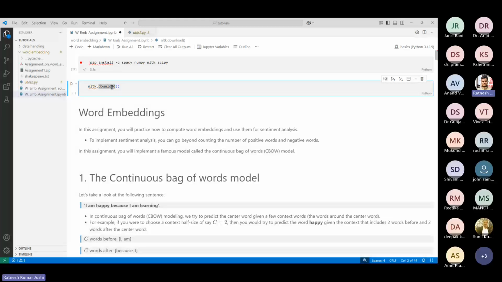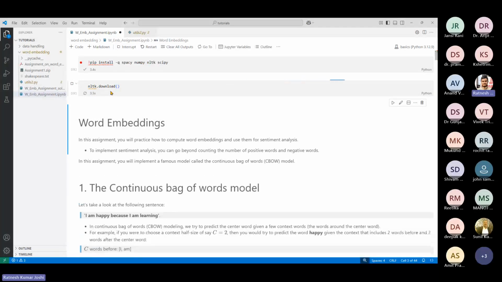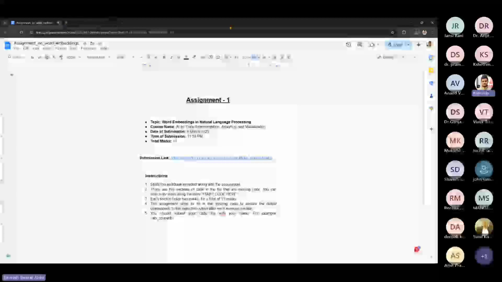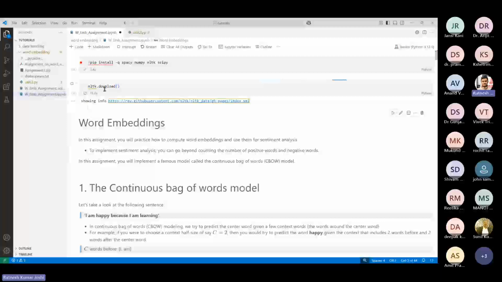And then you can run nltk.download to install all the required packages. I hope that part is clear. These two lines that I've added should install all the packages that are required.